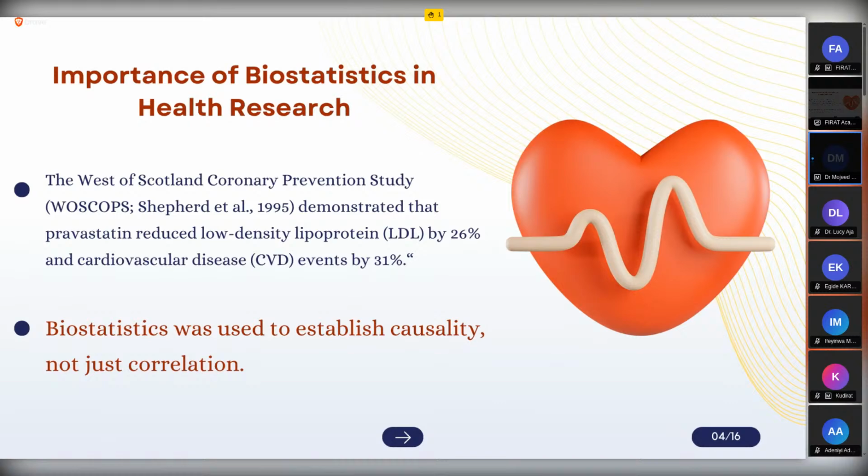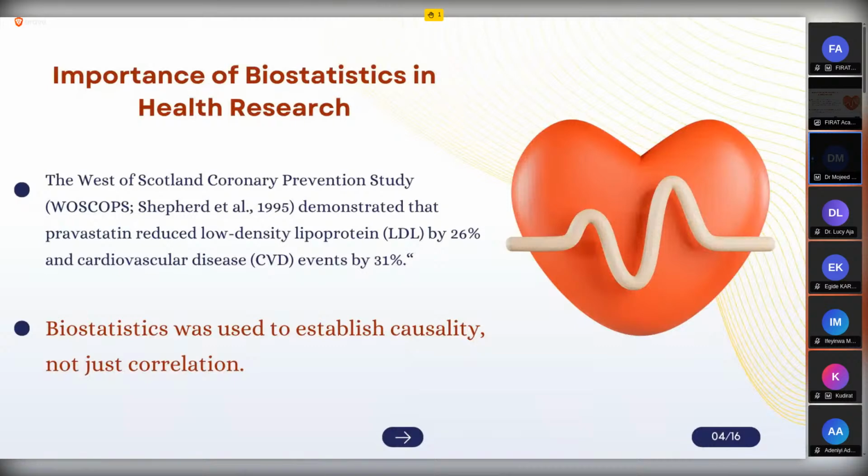And biostatistical tools will help you to convert this data to information, which is usable for decision-making purposes. Number two, it helps you in terms of controlling bias and error. You are going to see some examples later, but biostatistics will help you to detect confounding, sampling bias, and p-hacking. We are going to discuss those later.